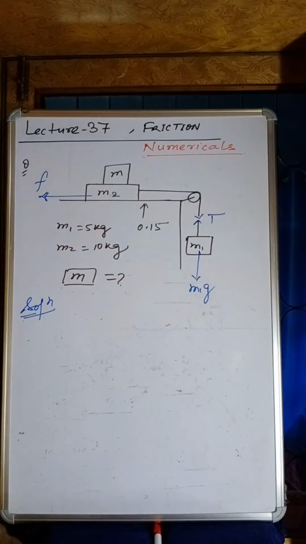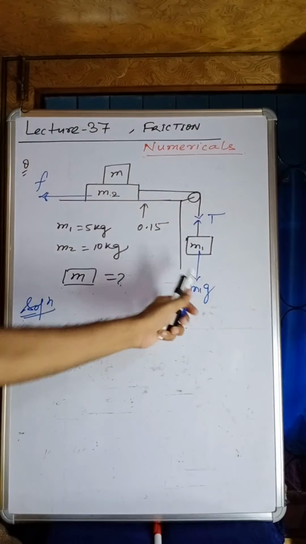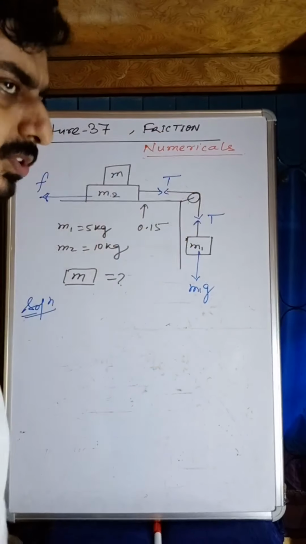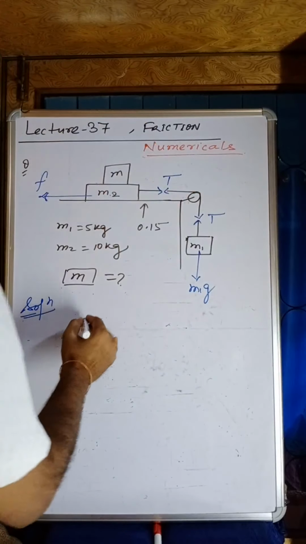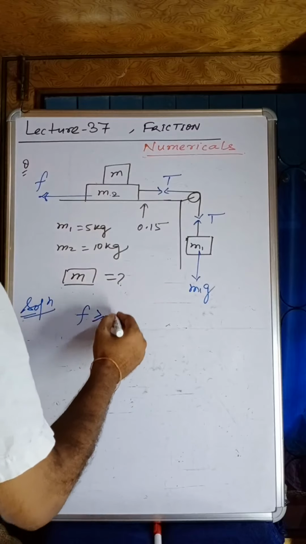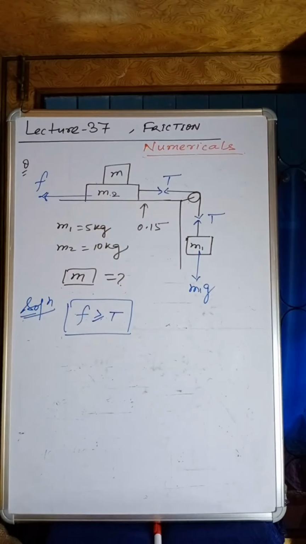To stop the motion, this friction should be greater than or equal to the tension, because here the only driving force is the tension. This is the hint of this question. Now you can solve this question, my dear students.